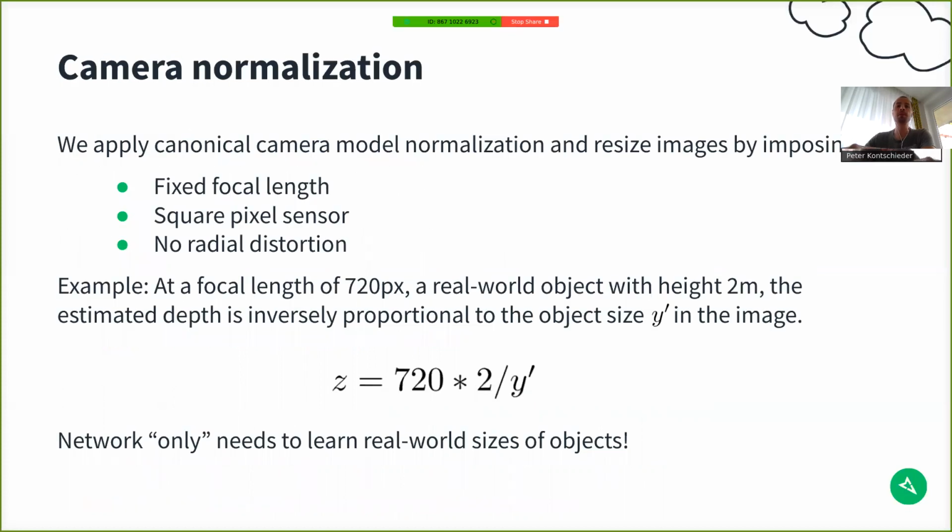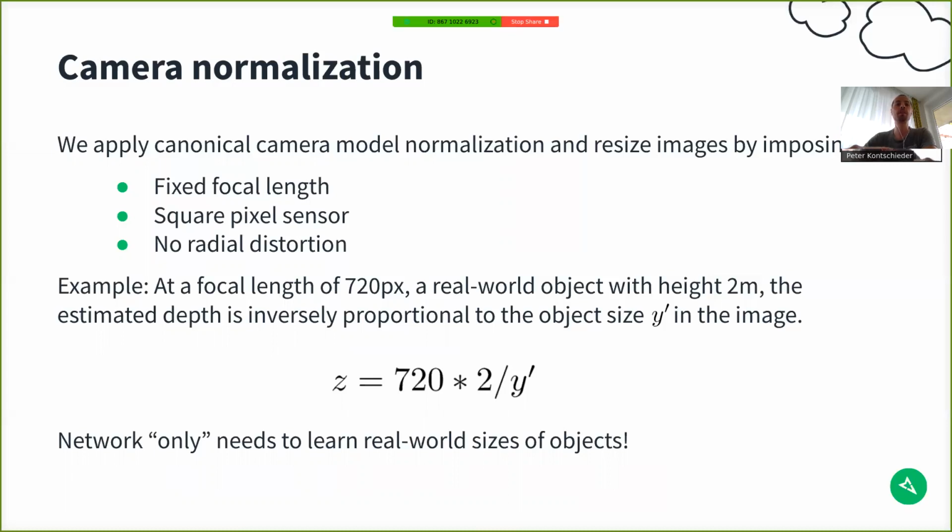Now, one of the important pieces that we need to consider is how to train a model with multiple, different types of cameras. What we've come up with is a very simple but effective way of running normalization, which we call camera normalization. We are essentially applying a canonical camera model normalization, which eventually leads to resizing of images because we're imposing a fixed focal length that we normalize to.